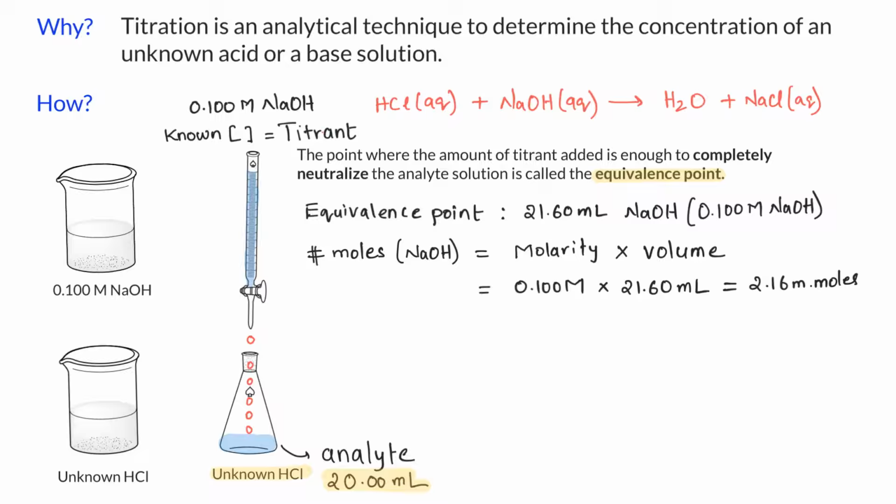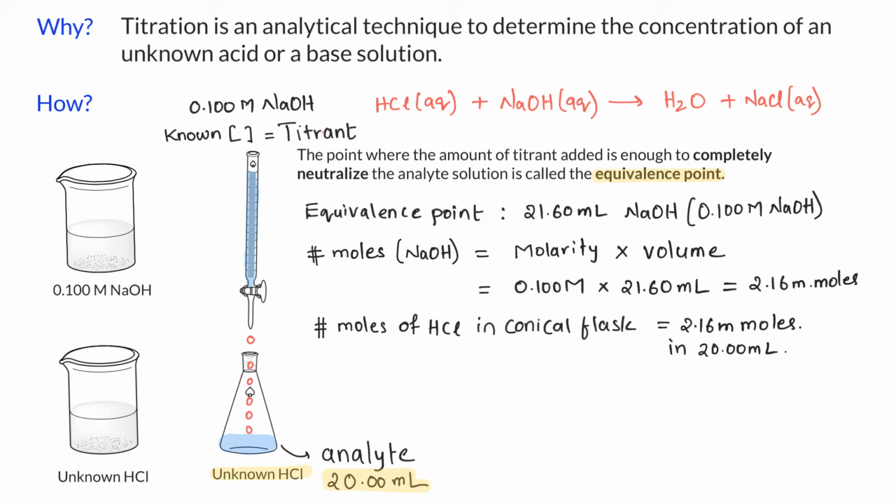From the balanced stoichiometric equation, hydrochloric acid and sodium hydroxide react in a 1-to-1 ratio. Therefore, we can say that the conical flask had 2.16 millimoles of hydrochloric acid at the beginning of the reaction. We can now calculate its molarity using the number of moles and volume.